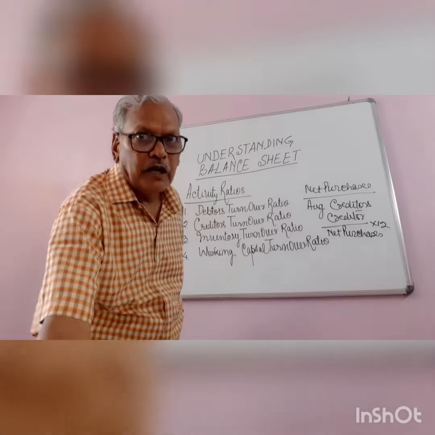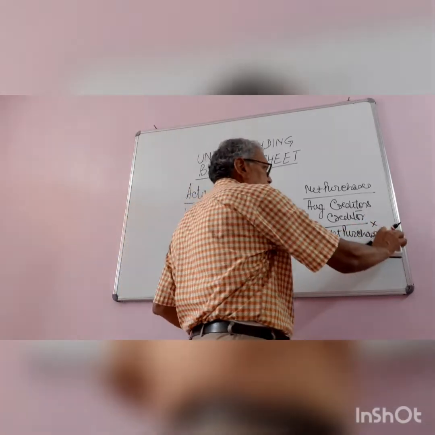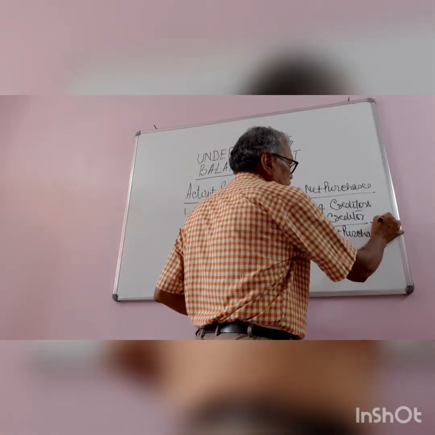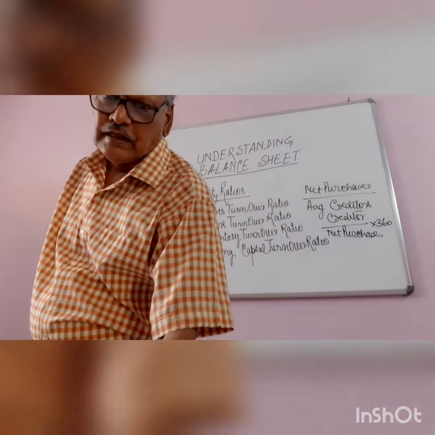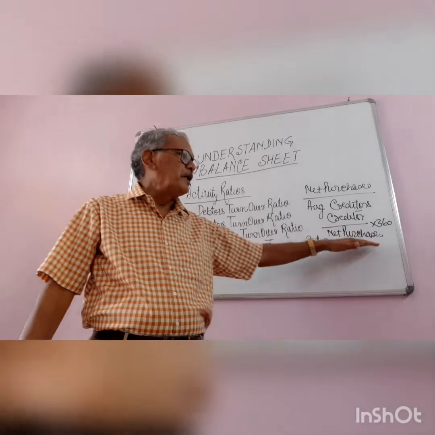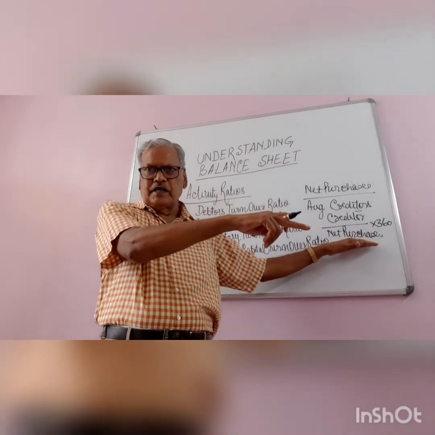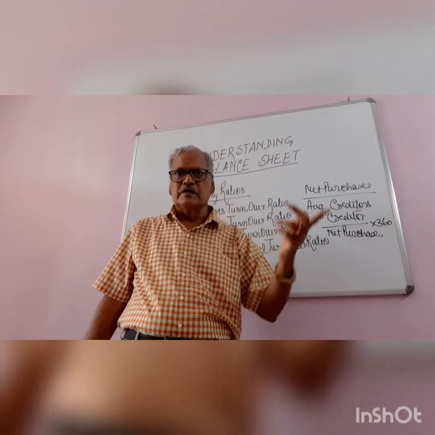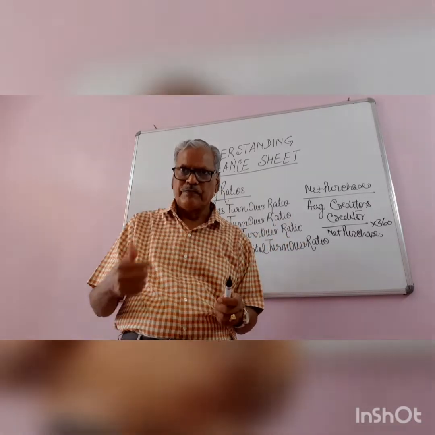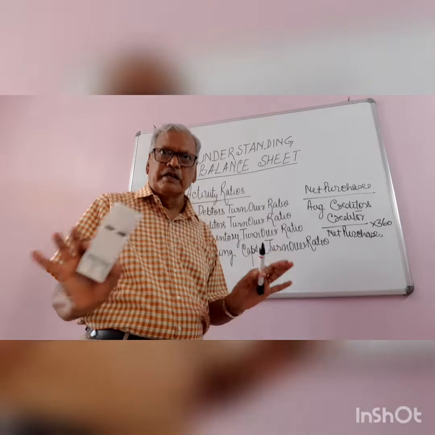And if this 12 is replaced by 360 or 365, you will get it in terms of number of days. So this is your payment period to your creditors, and earlier was the debt collection period in terms of number of days. I hope this is also very clear to you.